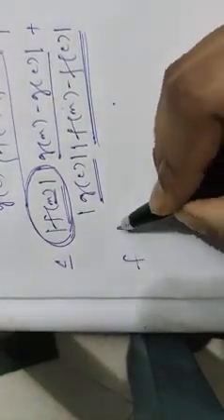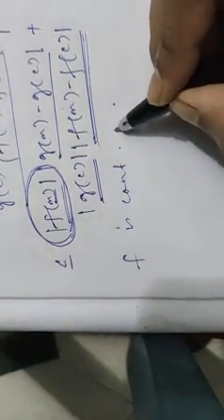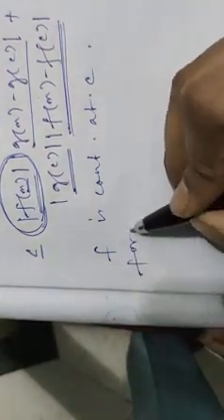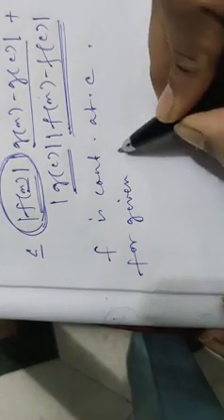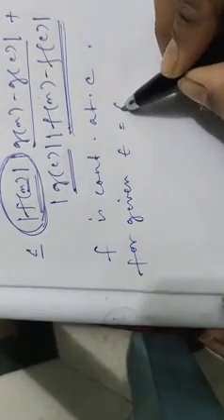Now we have in our hand the given condition, that f is continuous at c. Then for given epsilon, we are choosing the epsilon value as epsilon naught.